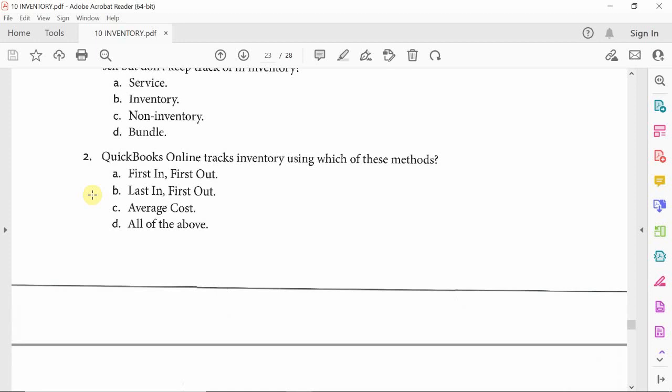Now, other things where we look at electronics or something similar to that, we use what's called last in, first out. I gave an example with technology. For instance, at the Apple Store, you're going to sell your latest and greatest models first. Right now, I believe you guys are on the iPhone 14, even though you have the iPhone 13 and the iPhone 12.